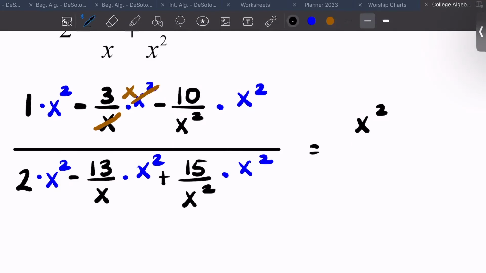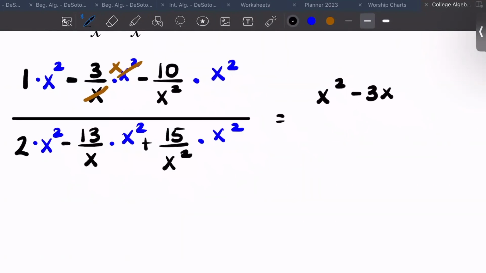So we have minus 3x. Notice how the denominator of that little fraction went away by reducing. We have x squared over x squared. Well, that's just 1. So we have minus 10.